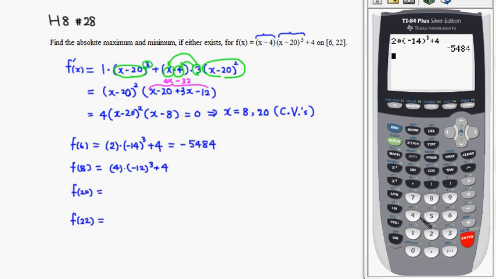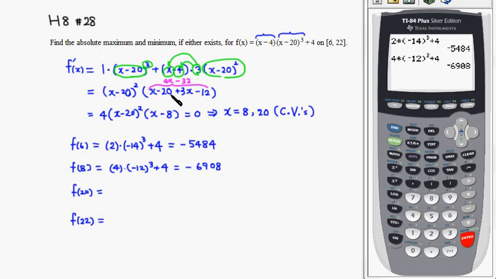So that would be 4 times negative 12 raised to the third power plus 4. This came out to be negative 6,908.